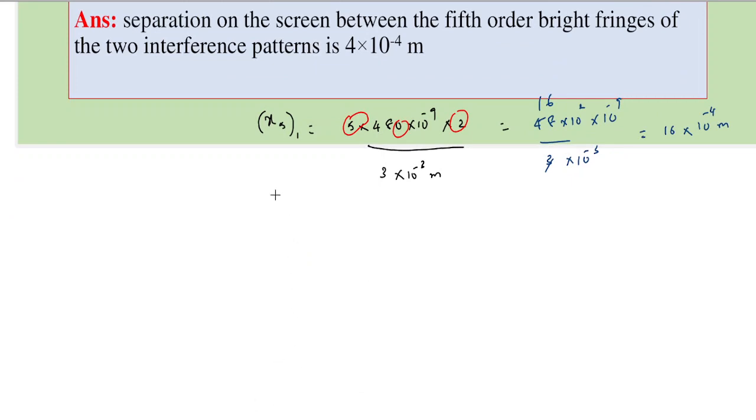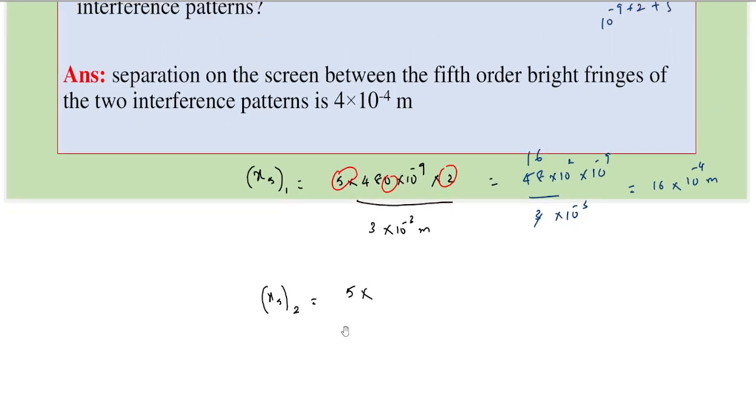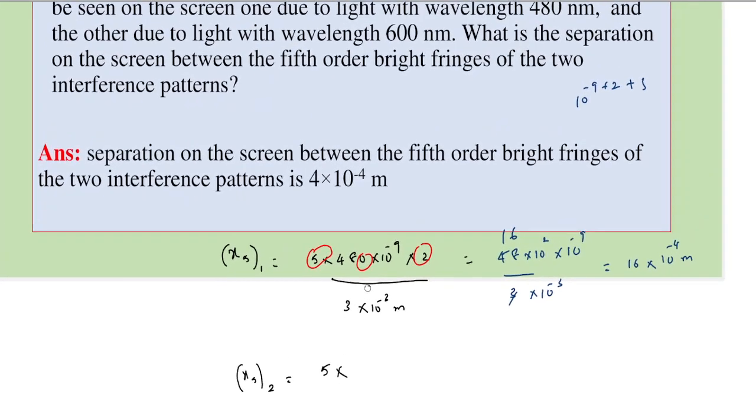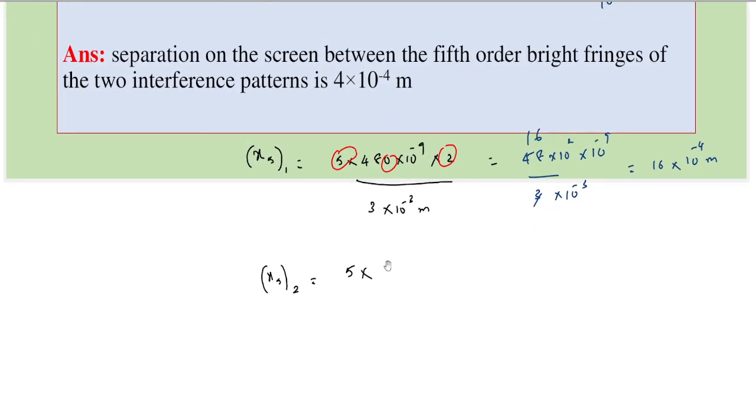Similarly, if we find the distance of the fifth bright fringe because of the second wavelength, that will be again same, it is 5 into, but here the wavelength is 600 nanometer. You can write that as 60 into 10 power minus 8. So we can get cancelled with 3 into 2 by 3 into 10 power minus 3.